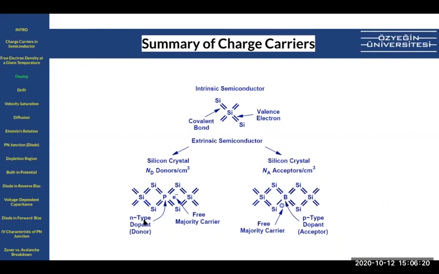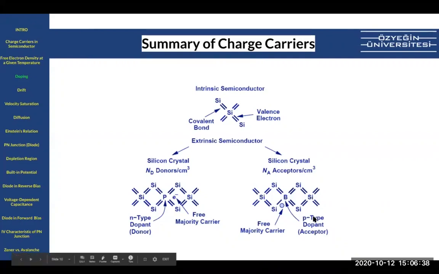Structures like phosphorus are called donors because they are more n-type. It has more electrons in its structure. The other ones, with 1A, 2A, 3A, are called acceptors because they have fewer electrons in their valence shells.